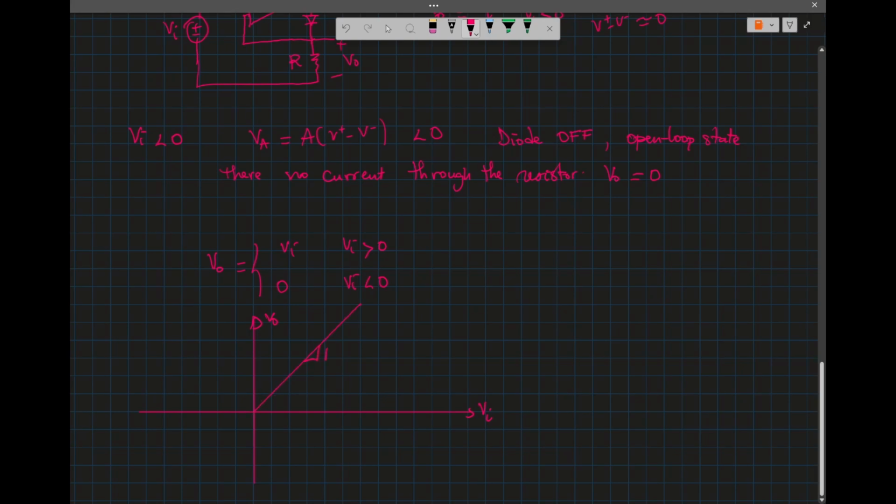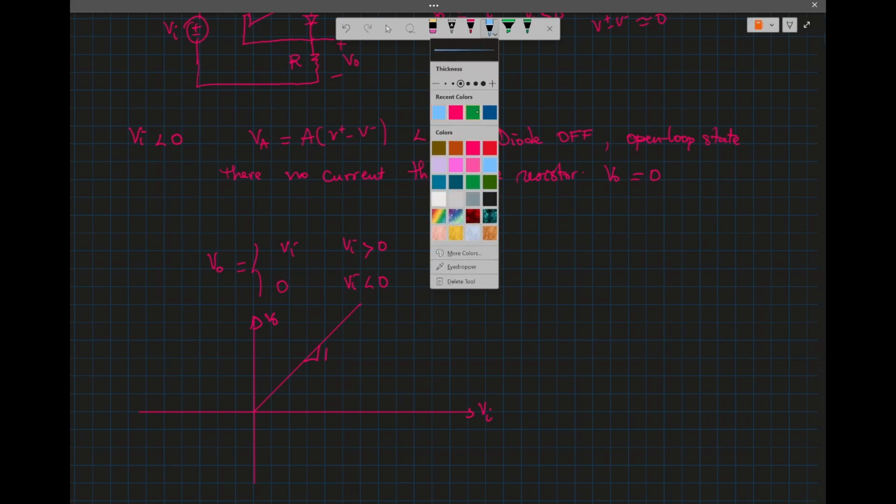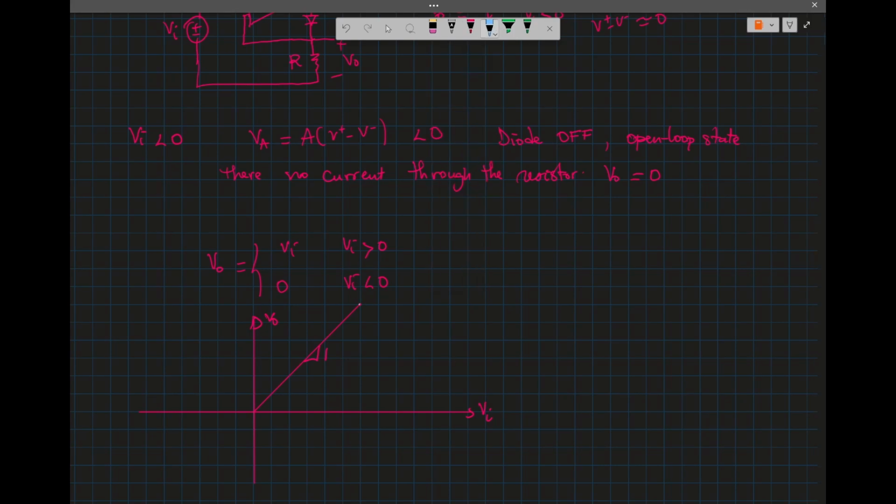Okay, slope is 1. So that's the transfer characteristic, which looks like this, with slope equal to 1.